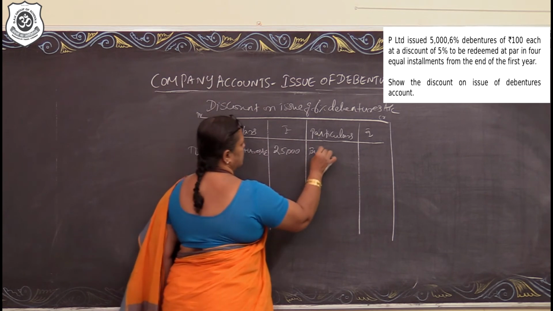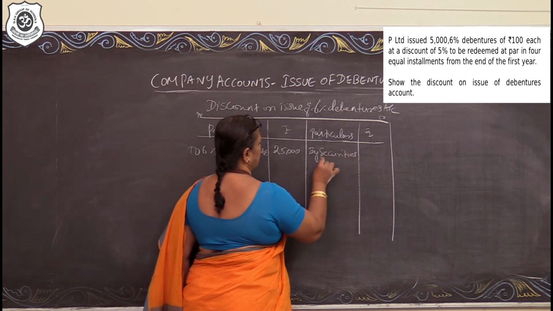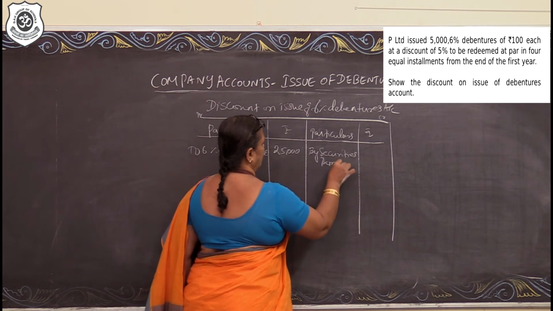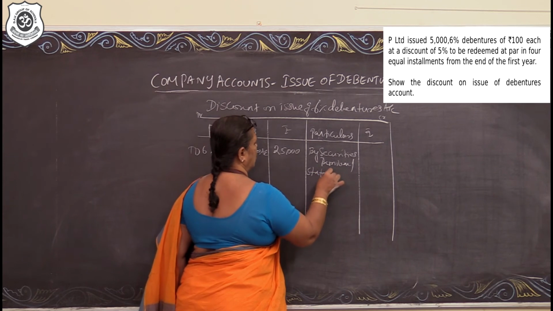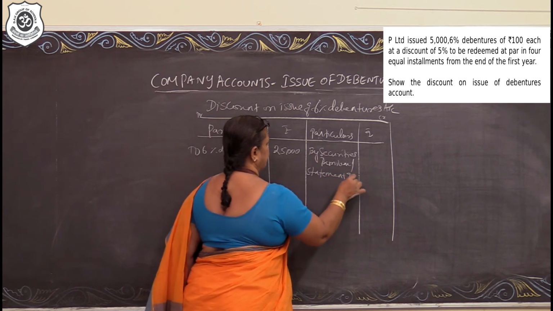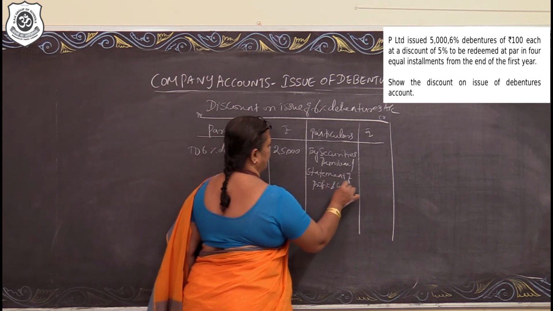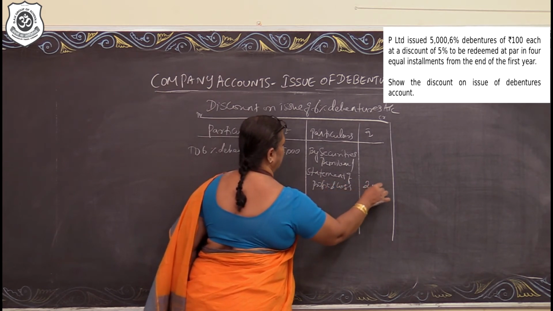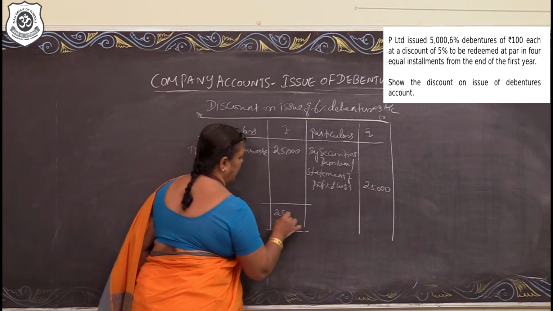By securities premium reserve or statement of profit and loss, 25,000. So, the account will get closed automatically.